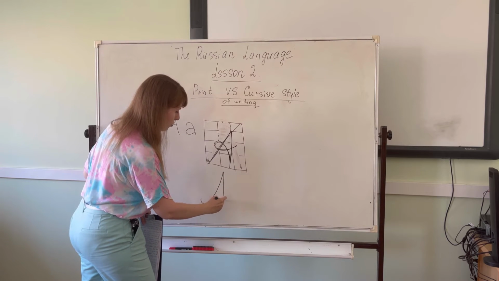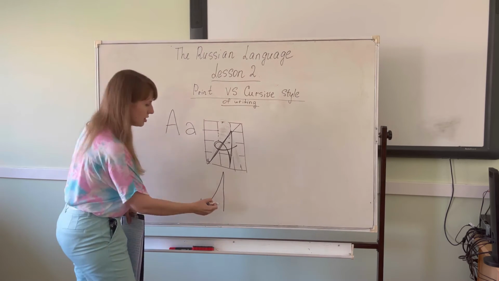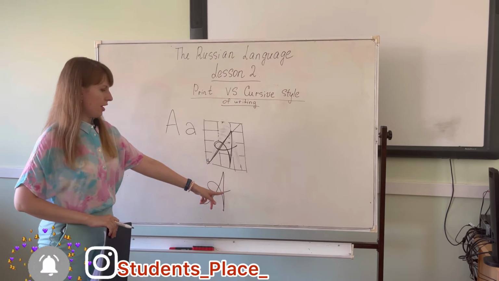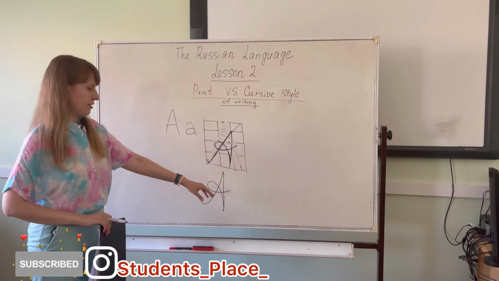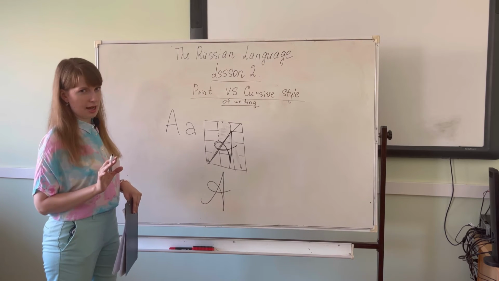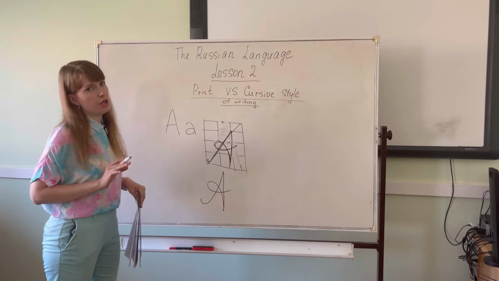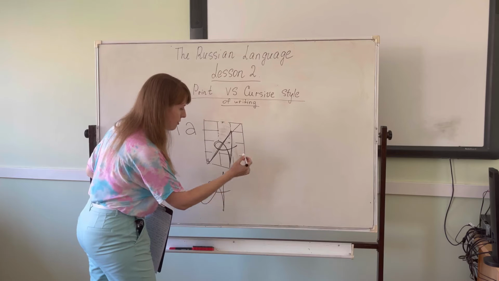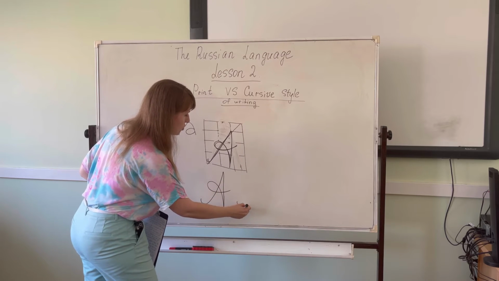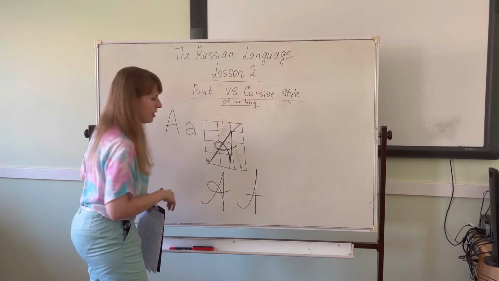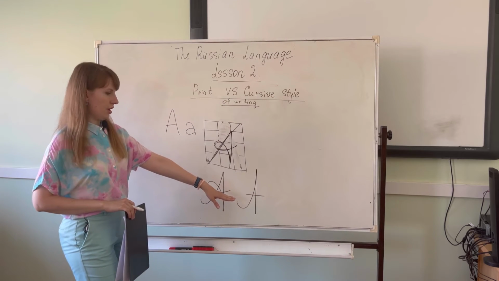Then go down like this and like a kind of a loop somewhere in the middle. Actually, it's not very strict, I should tell you, and we Russians sometimes change the style a bit, so if you would like to try this kind of R, it will be good as well.